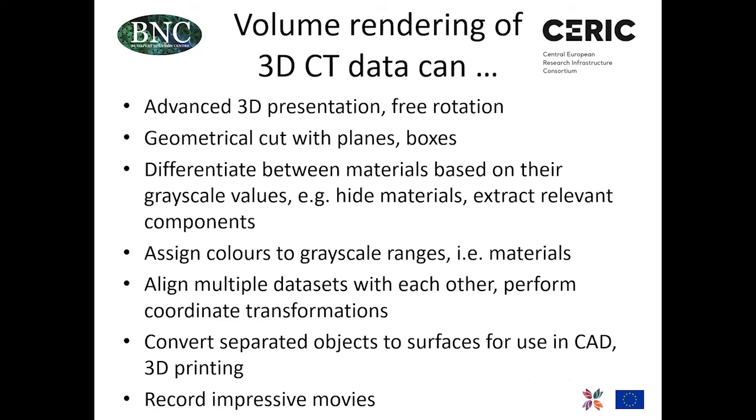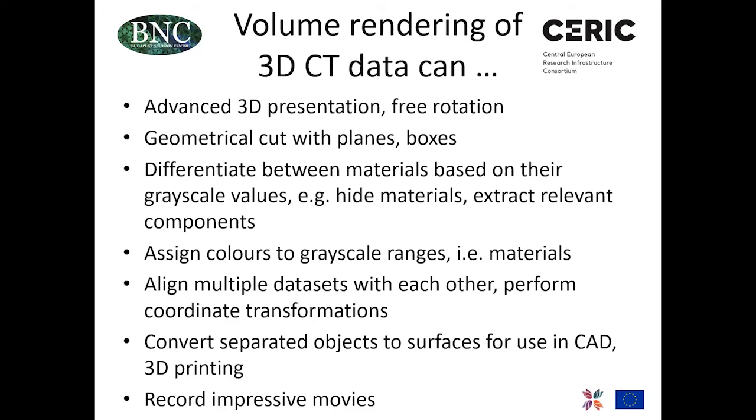So what are the features of three-dimensional data visualization? This is called volume rendering. In this functionality, we can nicely present the object in 3D. We can do unlimited rotations. We can do geometrical cuts with regular shaped objects like plates or boxes.